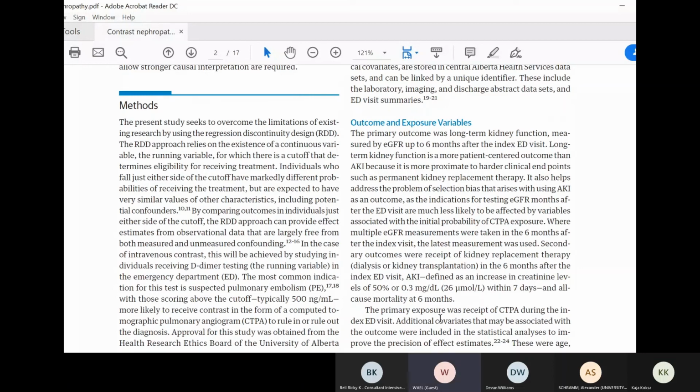Where multiple eGFR measurements were taken in the 6 months after the index visit, the latest measurement was used. Secondary outcomes were the receipt of kidney replacement therapy or dialysis within 6 months after the index visit, AKI, defined as an increase in creatinine of 50% from baseline within 7 days of receiving the contrast, and all-cause mortality at 6 months.